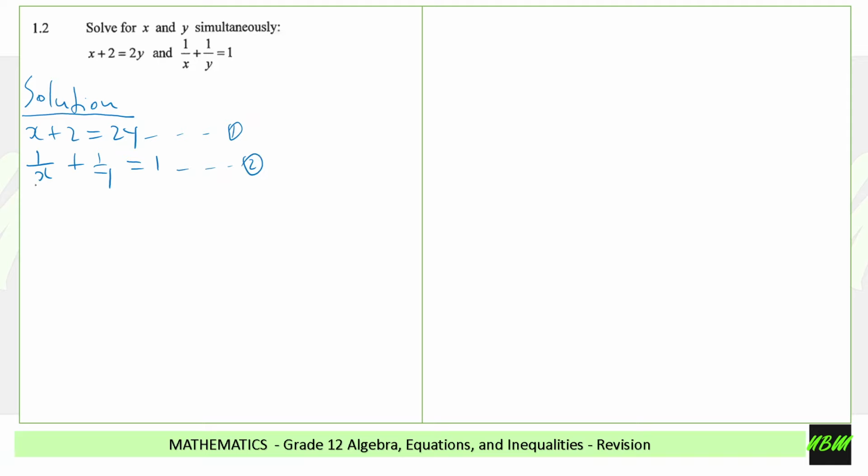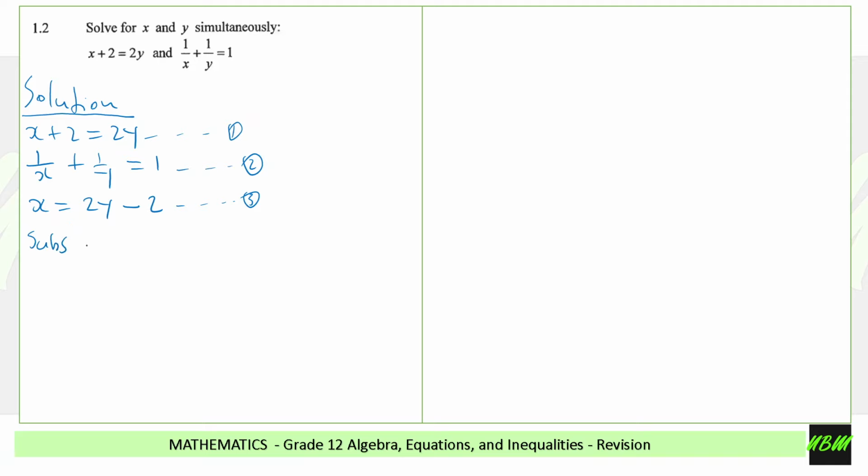So what we can do now is just simplify equation number 1 by making x the subject of the formula. X will be equals to 2y minus 2, and then we say this is our equation number 3. Then what are we going to do?